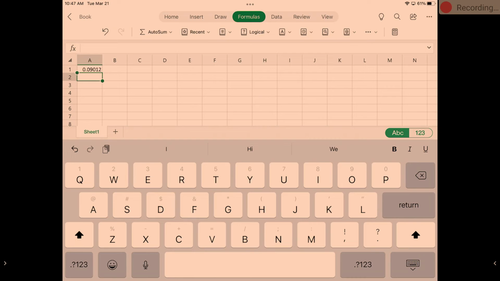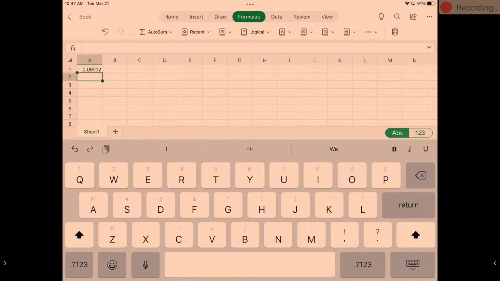Z is negative 1.34, and cumulative is 1. Oh, that was 9.9, wasn't it? So 9%. Okay, that makes more sense. So negative does matter. FYI, negative does matter.